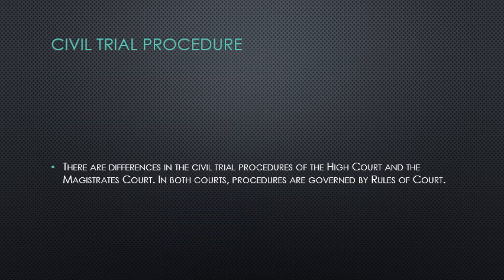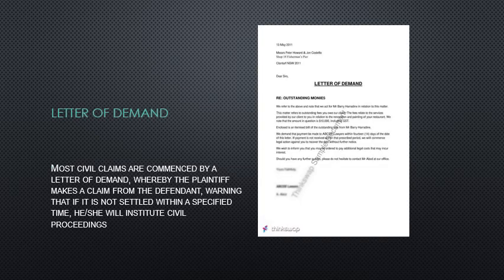So in terms of the civil trial procedure, there are different types depending on which court you are in. The High Court has its own procedures, the Magistrate's Court has its own procedure in terms of the rules of court, but there is uniformity with regard to the procedure that we are going to be talking about.